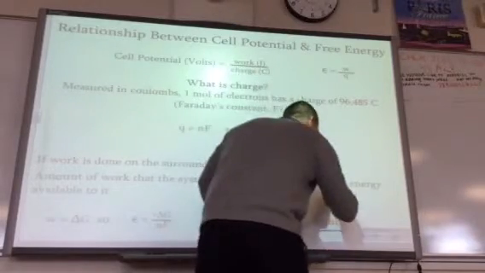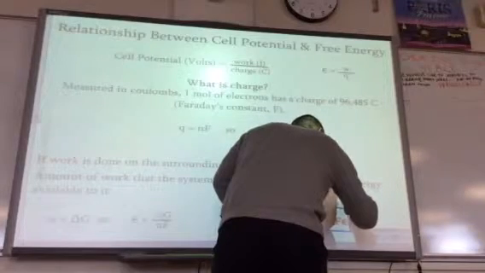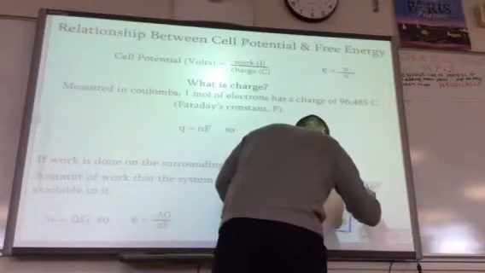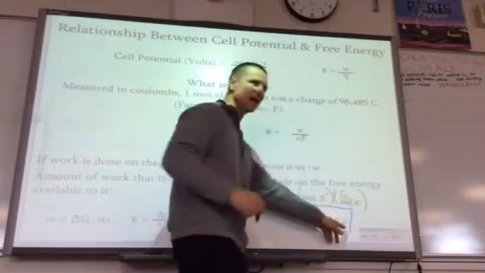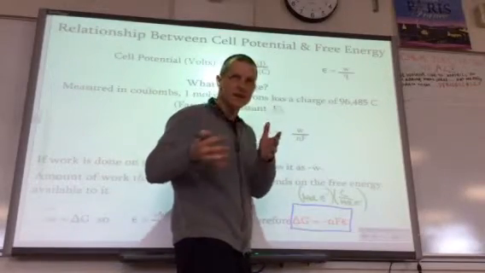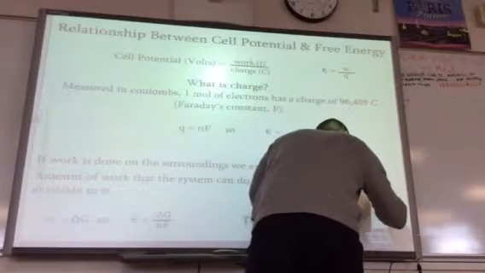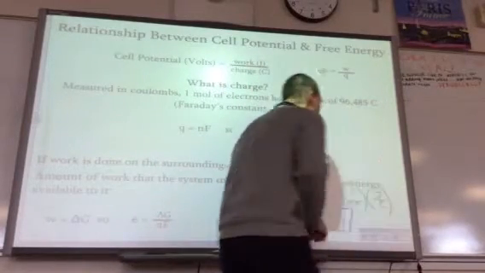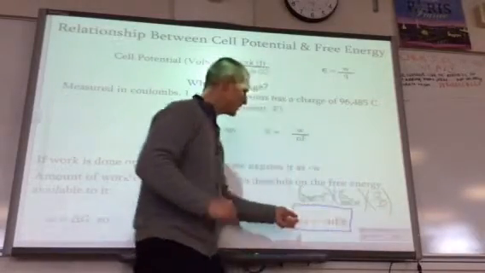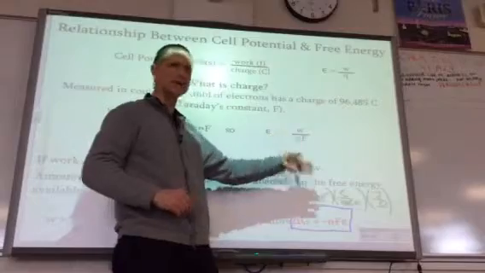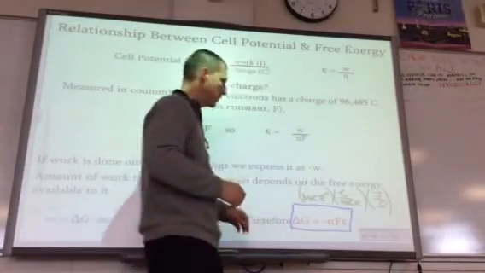The F was defined up here, coulombs per mole of electrons, which is going to cause the moles of electrons to cancel out. And then the epsilon there is the cell potential, which is measured in volts, also known as joules per coulomb. So the moles of electrons cancel, the coulombs cancel, and this equation is going to give us a quantity in joules, which is what the unit of delta G should be.